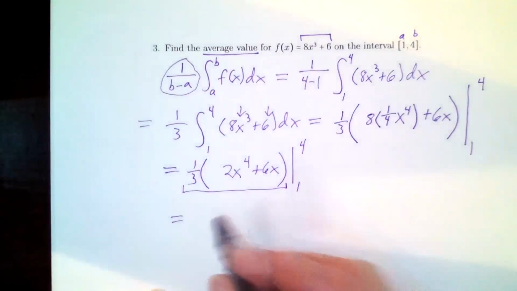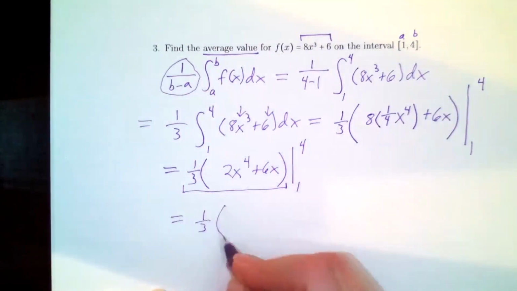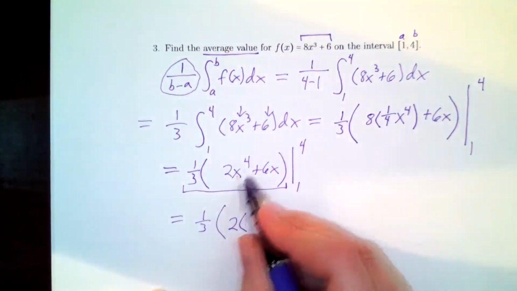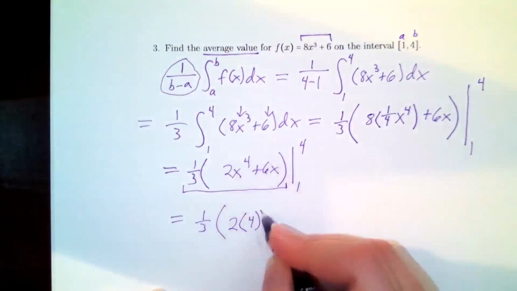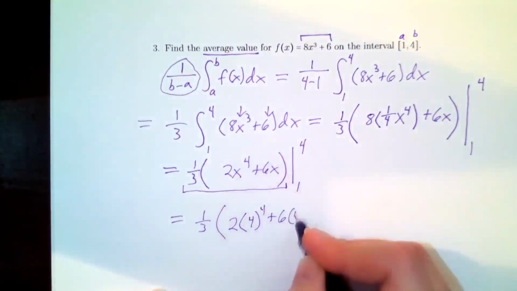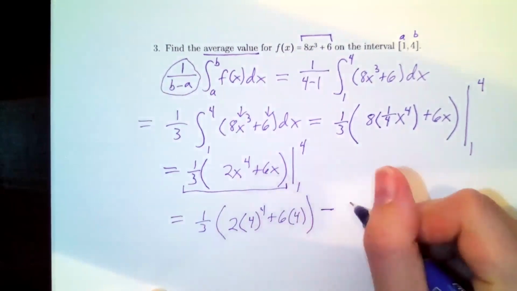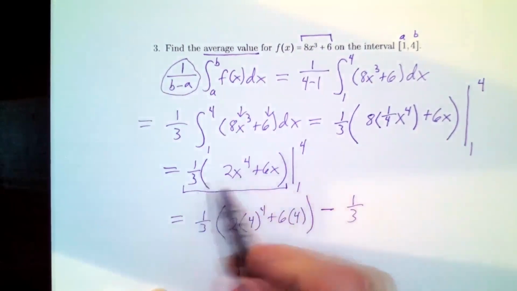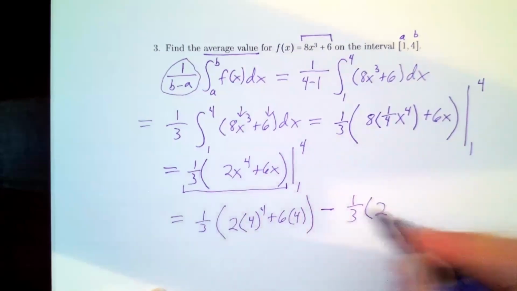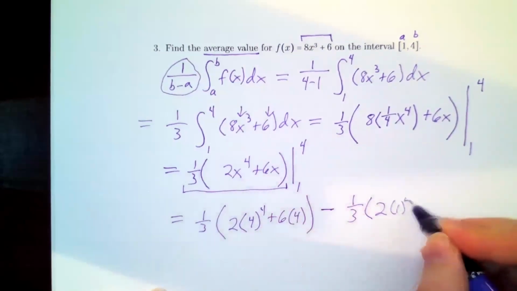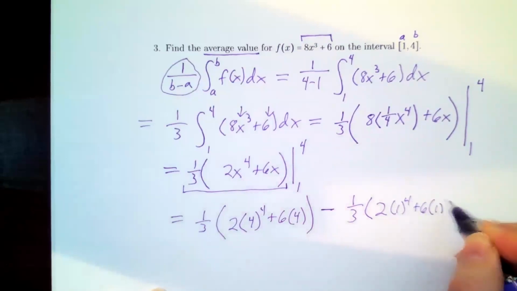So let's work on it. 4 to the 4th plus 6 times 4, minus what you get when you plug in 1 into all that. 1/3 times 2 times 1 to the 4th plus 6 times 1.